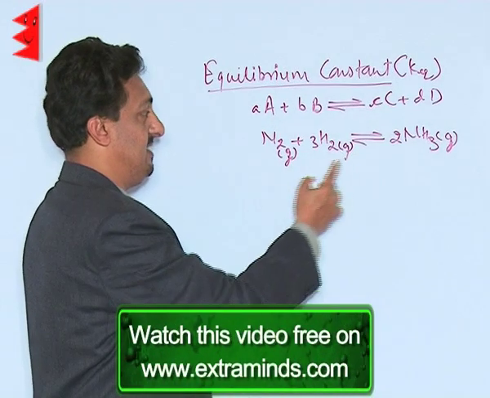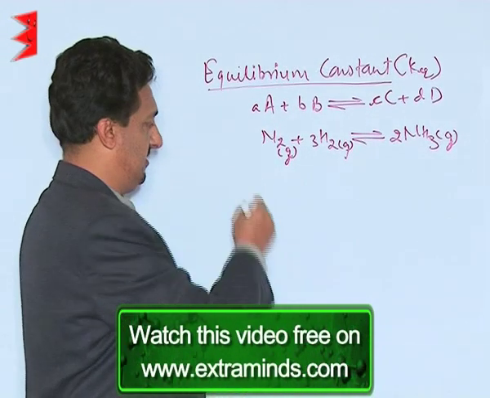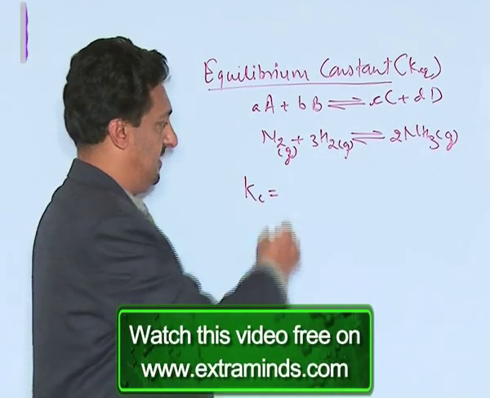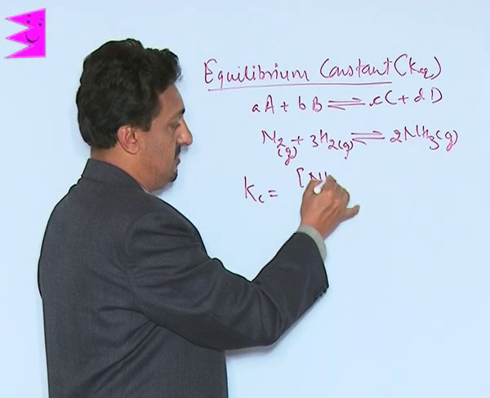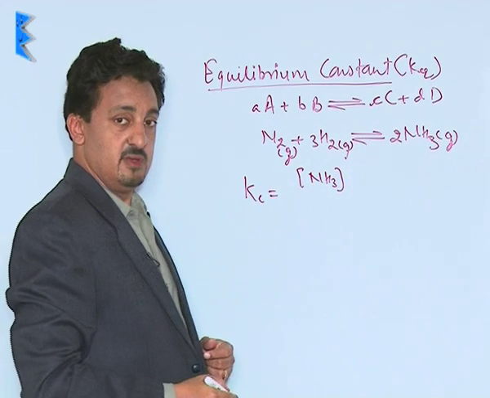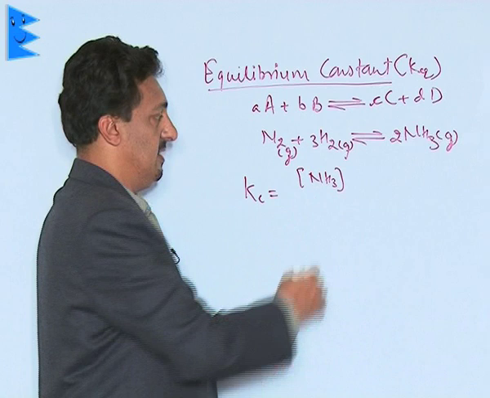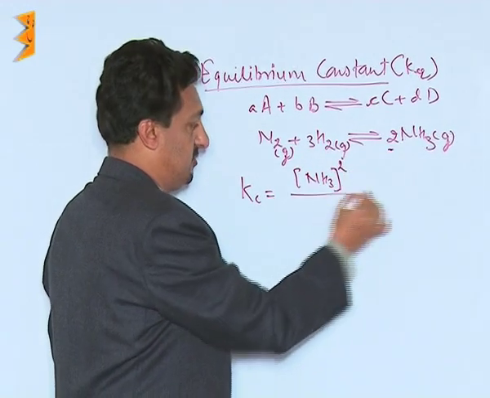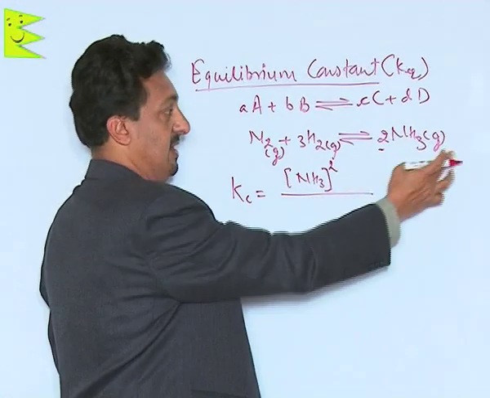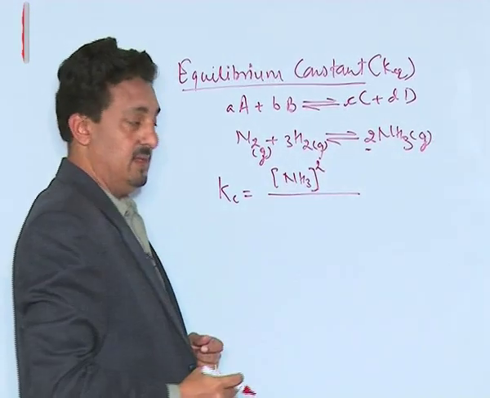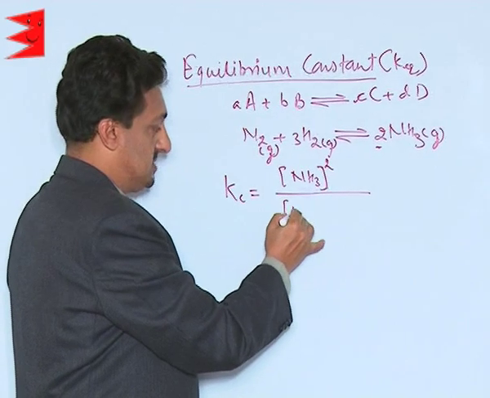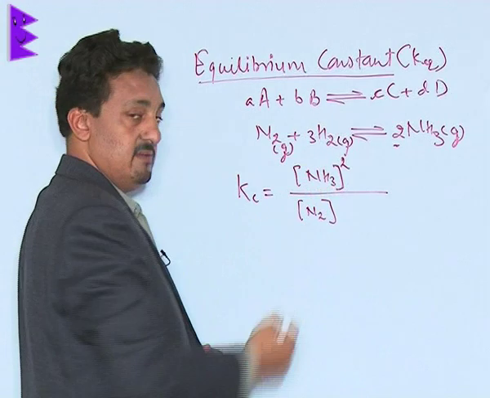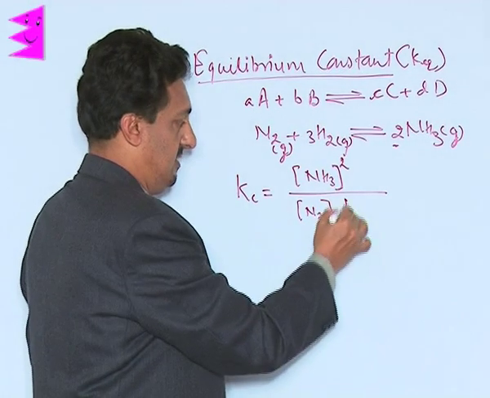So when we are expressing their amounts in terms of concentration, we will call the equilibrium constant Kc, and it will then be equal to the concentration of ammonia raised to the power 2 because its coefficient is 2, upon, since there is only one product, we'll write only one, upon the concentration of nitrogen, and since its coefficient is 1, we'll not write anything here.